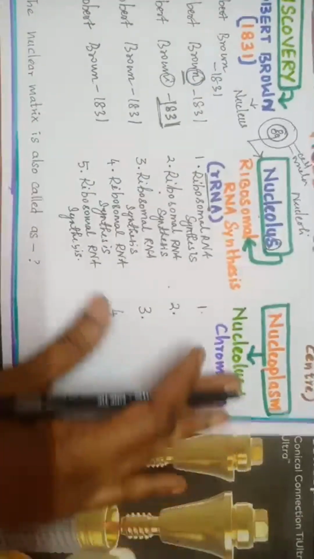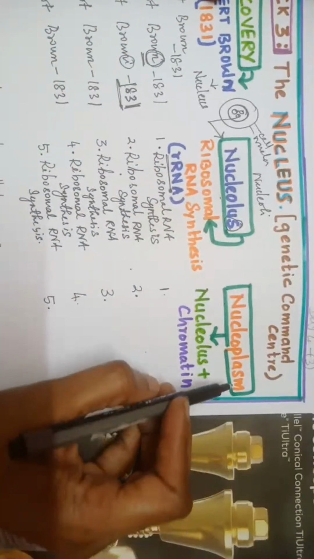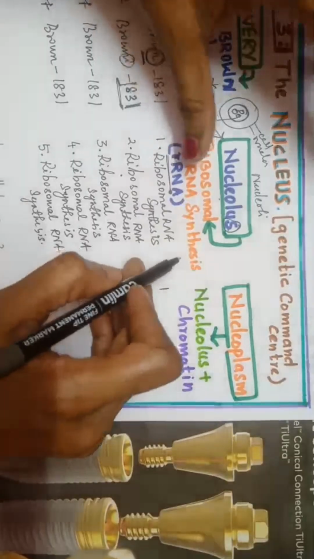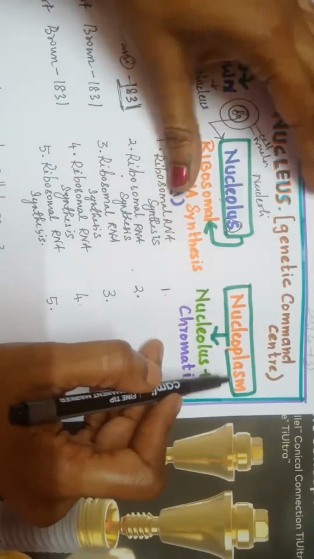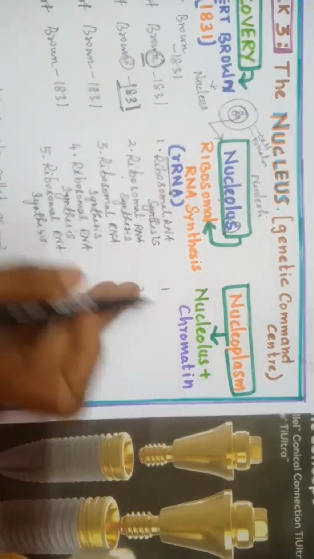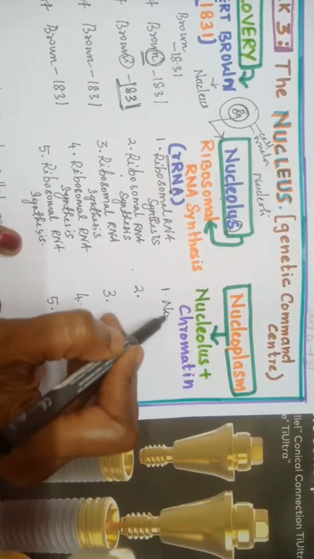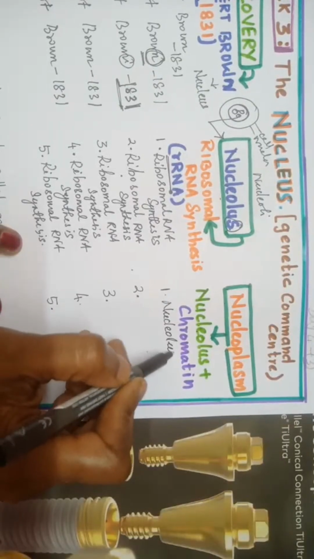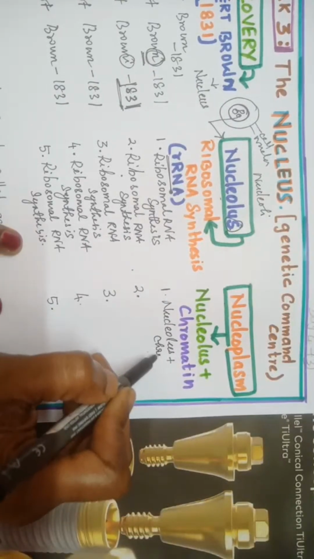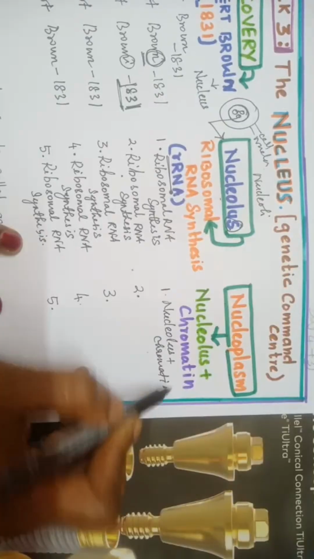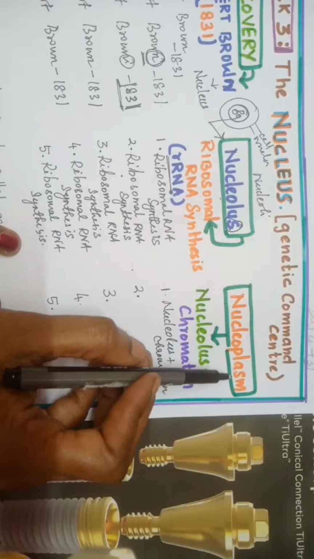And next, coming to the nucleoplasm. I asked you in the opening, what are the components of the nucleoplasm? Nucleolus plus chromatin. For that, first you should understand what is nucleoplasm.